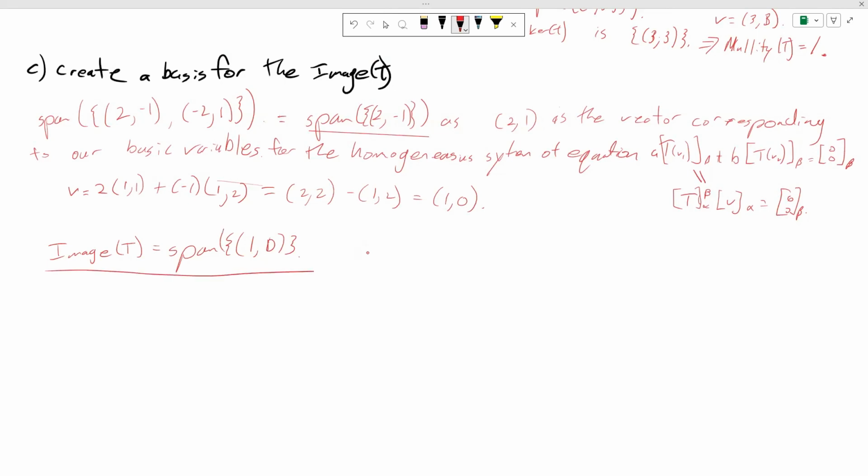Which means a basis for the image of T equals the set containing the vector (1, 0).